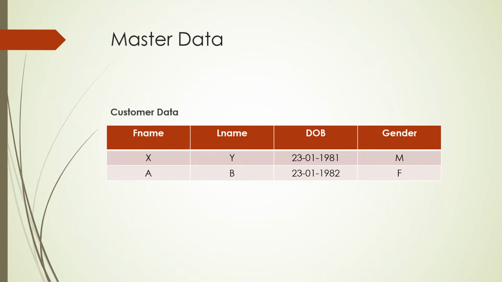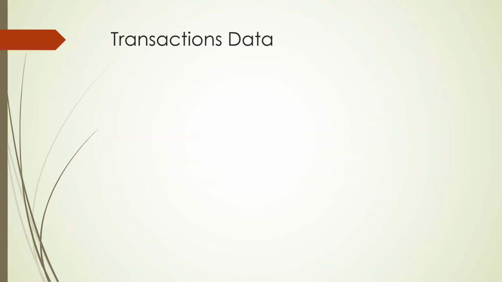So let's go on and discuss transactions data. What is a transaction? Transaction data refers to a transaction, as the name suggests. Taking a crude example, a person goes online and buys a ticket or buys a product from an online web store.